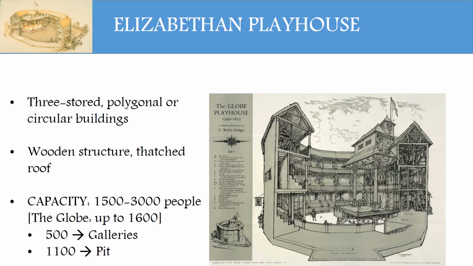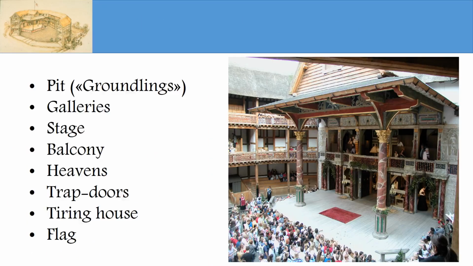In the Globe Theatre, nearly 1,600 people could be accommodated at a single show, 500 in the gallery and 1,100 in the pitch. The Elizabethan theatre contains the pitch, galleries, stage, balcony, heavens, trapdoors, tiring house and flag.